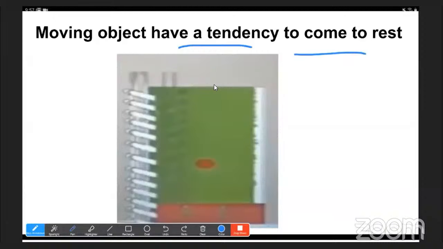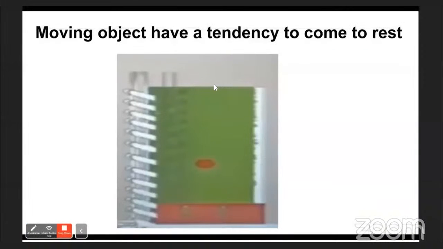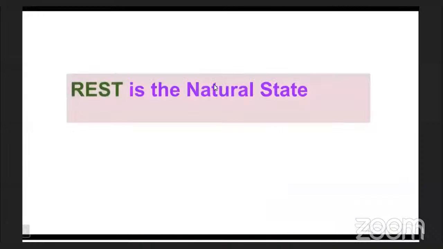Based on these two experiments, we can conclude that rest is a natural state. All objects tend to come to rest after a certain point in time.